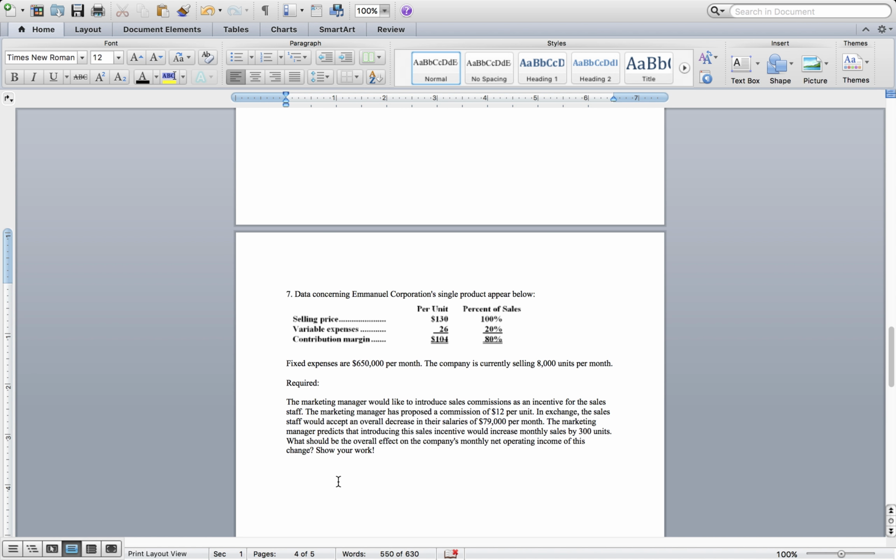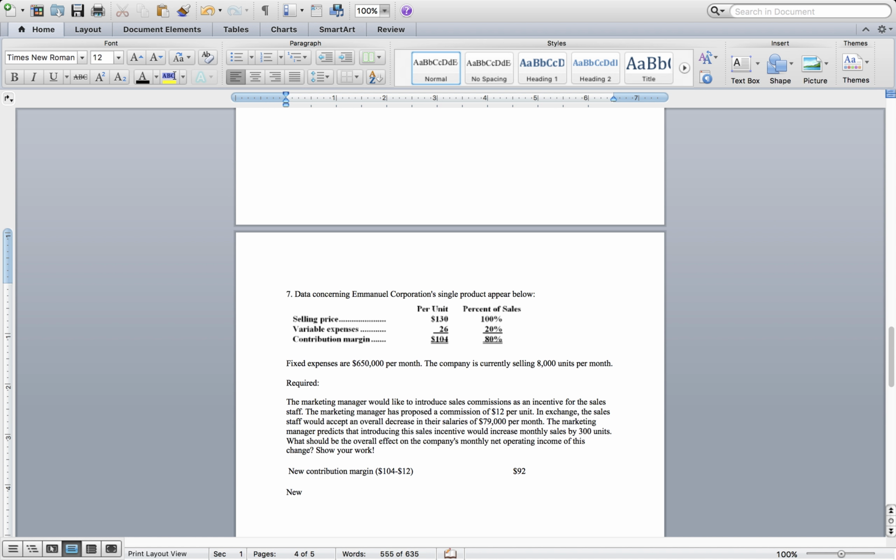Well, first thing I have to calculate a few things. First of all, what is the new contribution margin? The new contribution margin will be obviously $104 minus the $12, which is now the commission. That'll be $92 now.